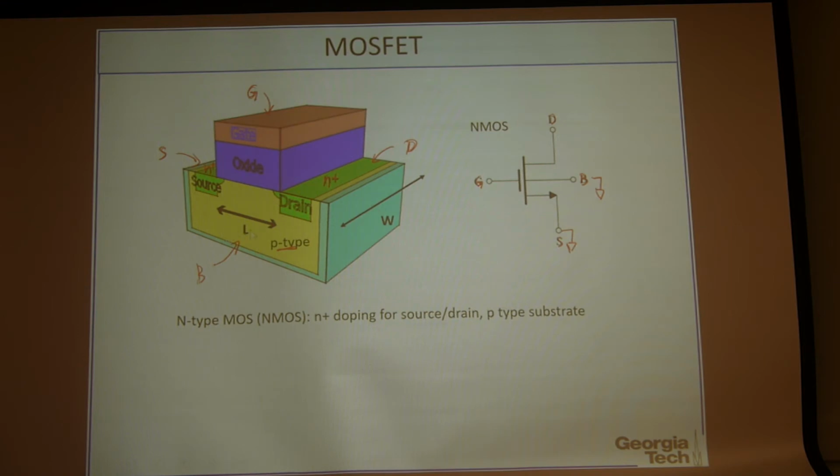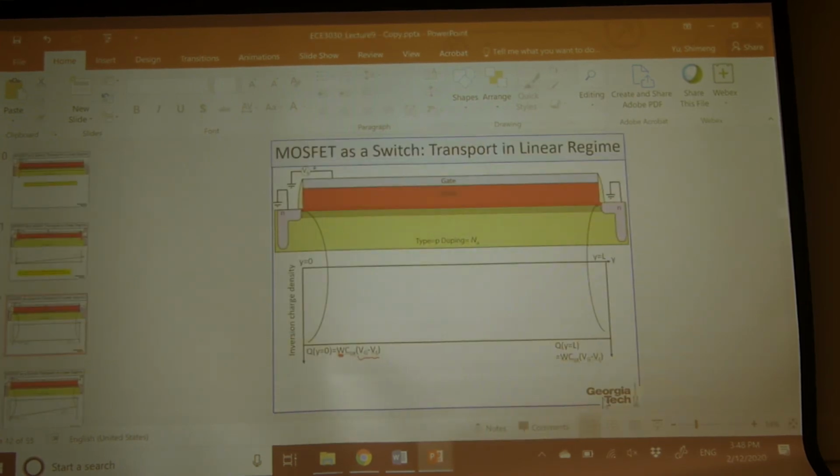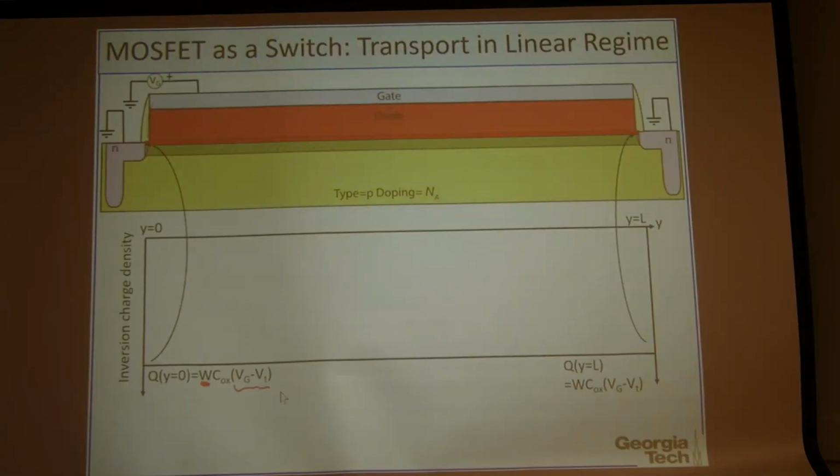And then this L is the channel length or gate length. So that is the distance between the source and the drain. And the width is how wide your transistor is. So of course the wider the transistor, the larger the charge under the gate is proportional. So that's why here we multiply by the W. Okay, so then here we assume the drain voltage equals 0.